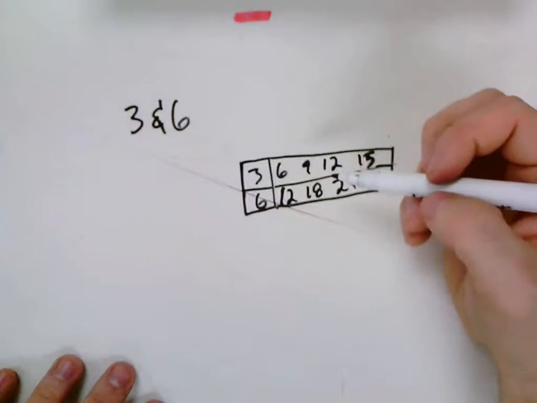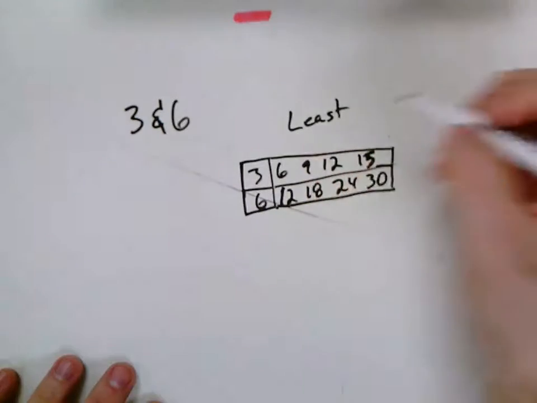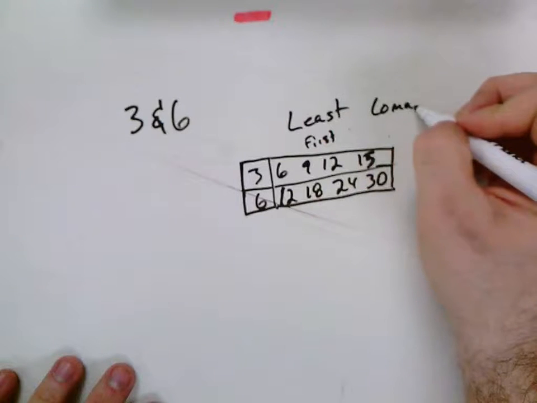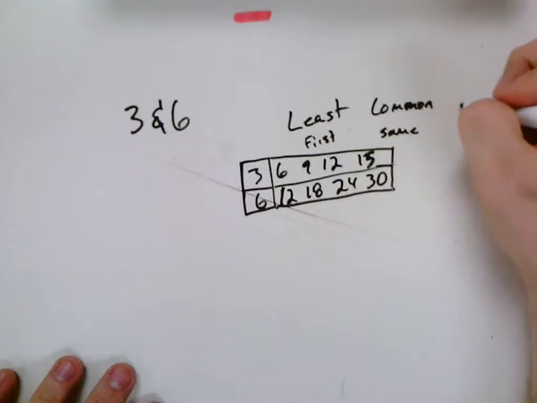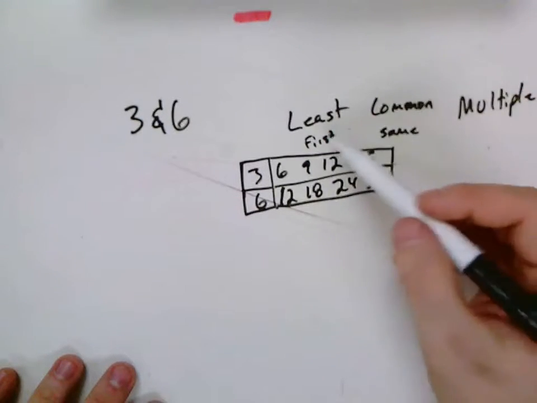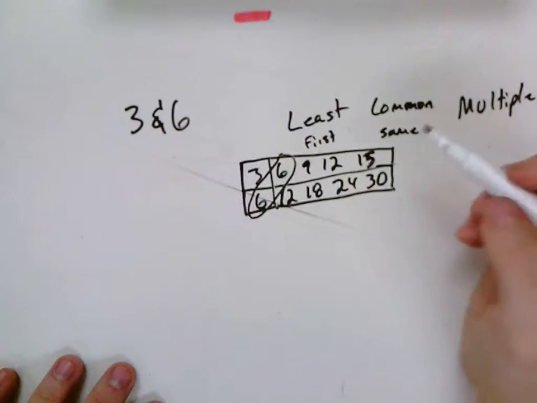And what this does for you is it shows you the least, or first, common multiple. So the first common multiple, or the least, the first one would be 6. That is the least.